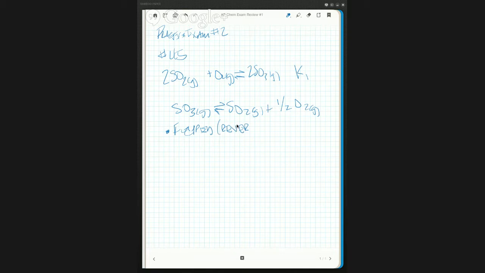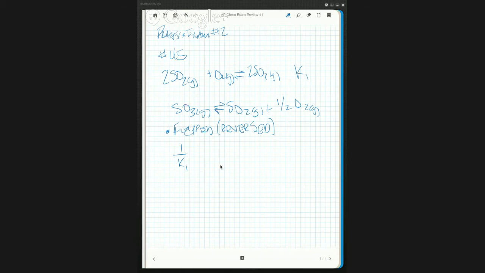Which means that if you reverse the reaction, then for equilibrium, on this problem, it becomes 1 over K1.